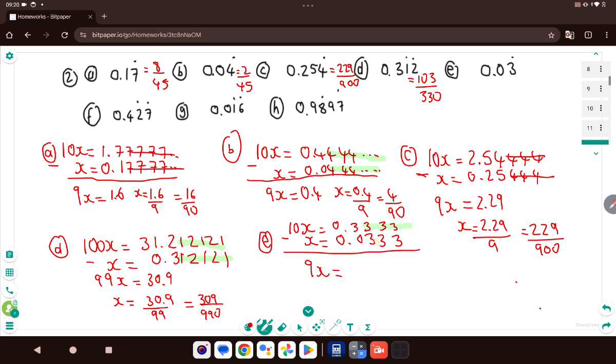It disappears from here. 0.3 take away 0 is 0.3. Multiply numerator and denominator by 10. One over 30 is your simplified answer.